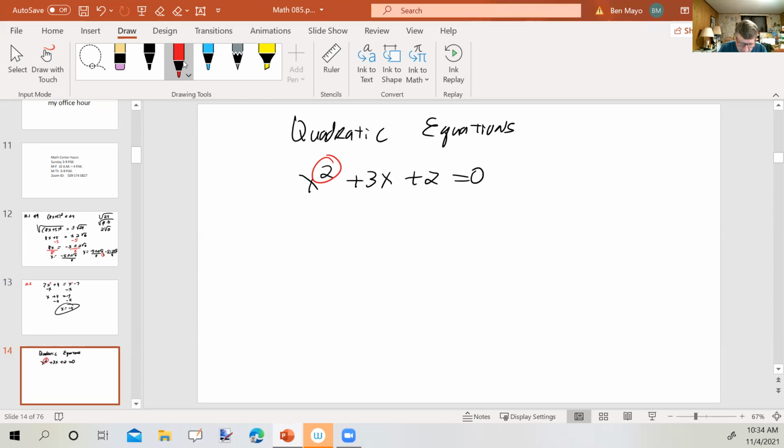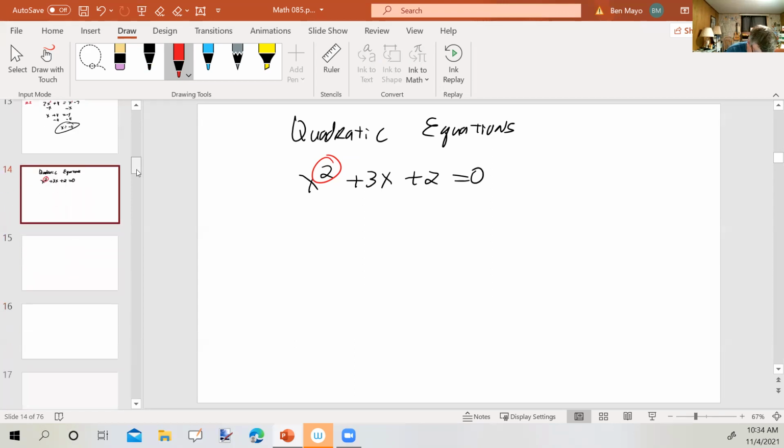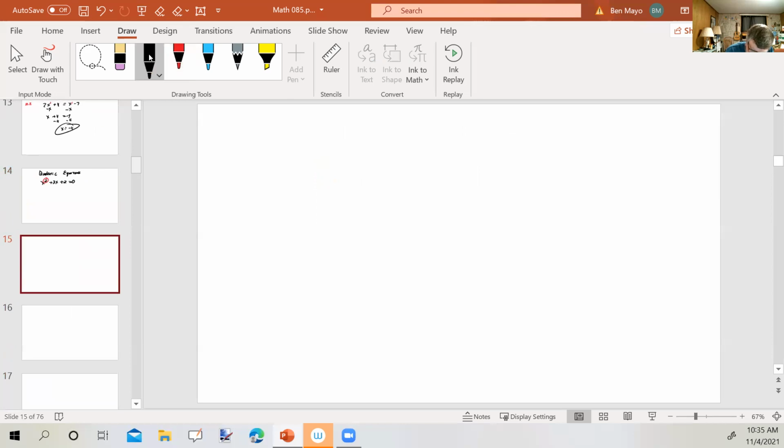And the way that that is derived is if you take a general quadratic equation or second degree equation, and we'll call it ax squared plus bx plus c equals 0, where a, b, and c are numbers. So a is the coefficient of the first term, b is the coefficient of the second term, and c is the constant term.